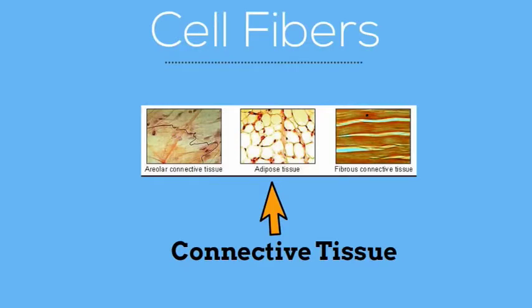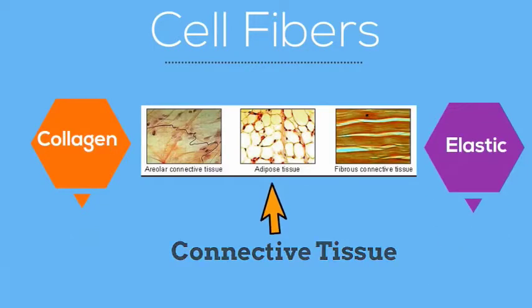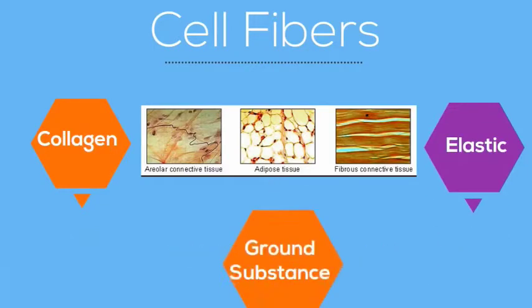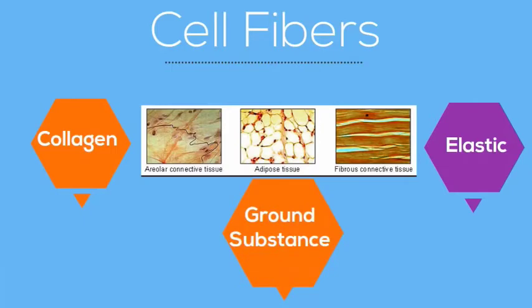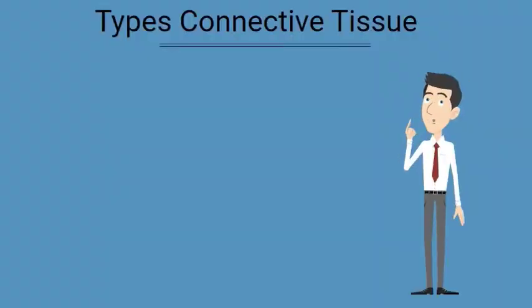These fibers include collagen fibers, which are tough fibers, and elastic fibers. In addition, the cells are separated by a ground substance, which is made up of water, fluid, and a mix of proteins called matrix. There are several different types of connective tissues, and they're found throughout the body.